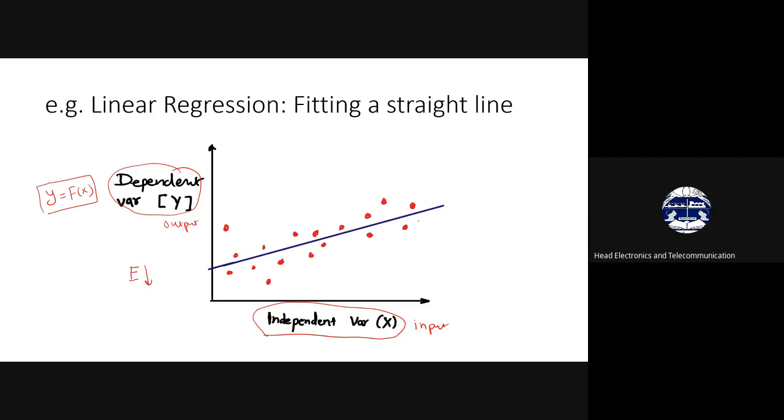Which error? The root mean square error is minimum. That means I am fitting a line such that the predicted value y and the actual value of y are very close to each other. I have to fit this line such that this error is minimized.